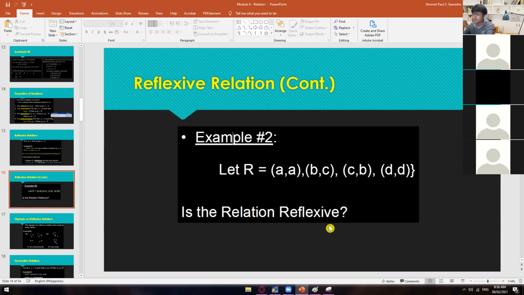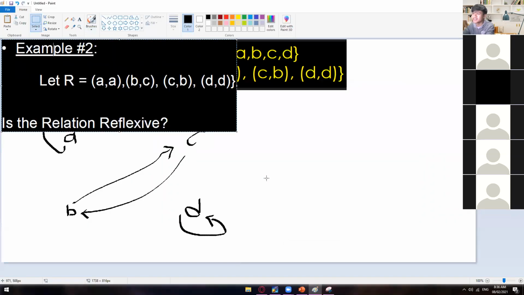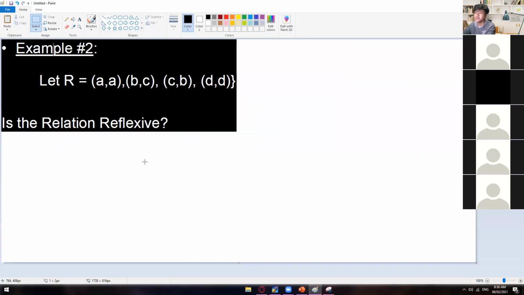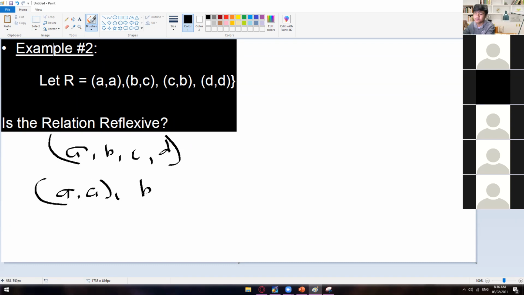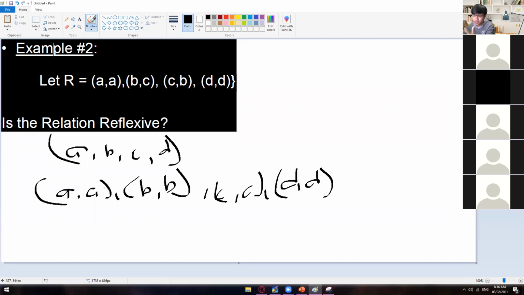A, B, C, and D. So take note, we have here the elements A, B, C, and then D. For you to be able to see that this one is reflexive, we need (A, A), (B, B), (C, C), and then (D, D), right? Yes, sir. That is what we need for us to say that this one is reflexive.